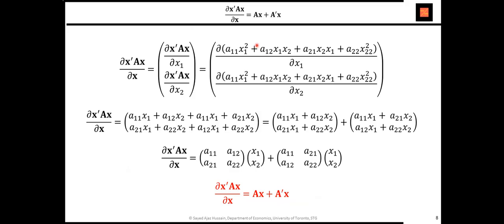What I've done is I've actually carried out this derivative and gotten this thing right here, and I purposely broke it up into these two parts. And then I noticed that if I re-express this first term this way, the second term that way, this is, of course, the matrix A times X plus the matrix A transpose times X. So now you have a general rule that gives you this thing right here.